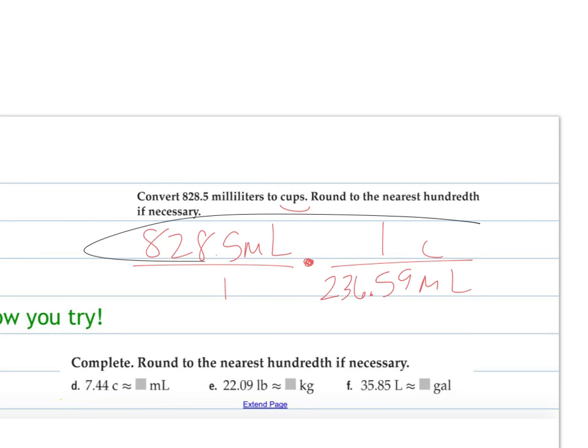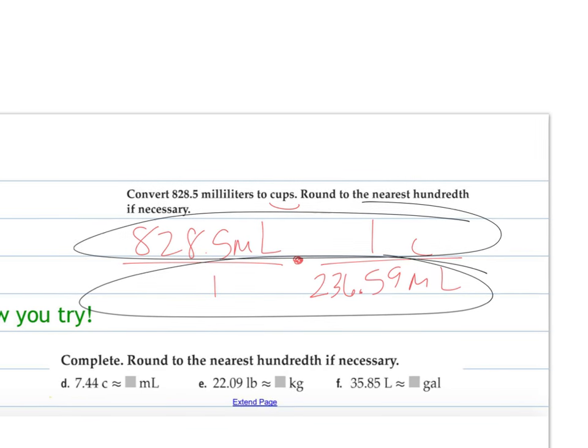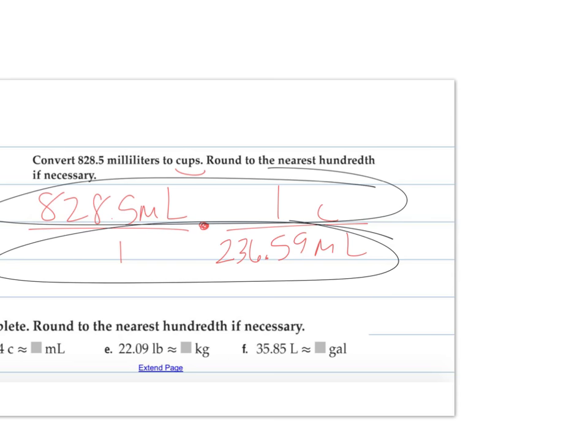So notice again, multiplying across, I'm really just getting my numerator, units canceled, over the denominator, using my calculator to divide, and I get approximately 3.5 cups.